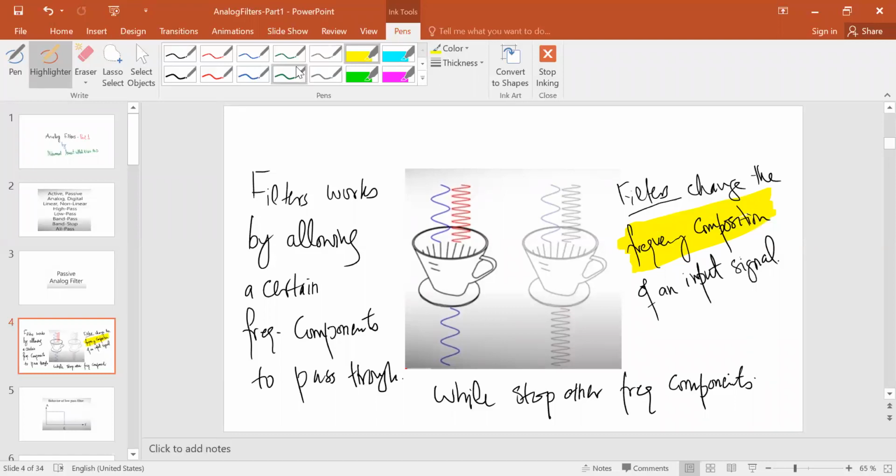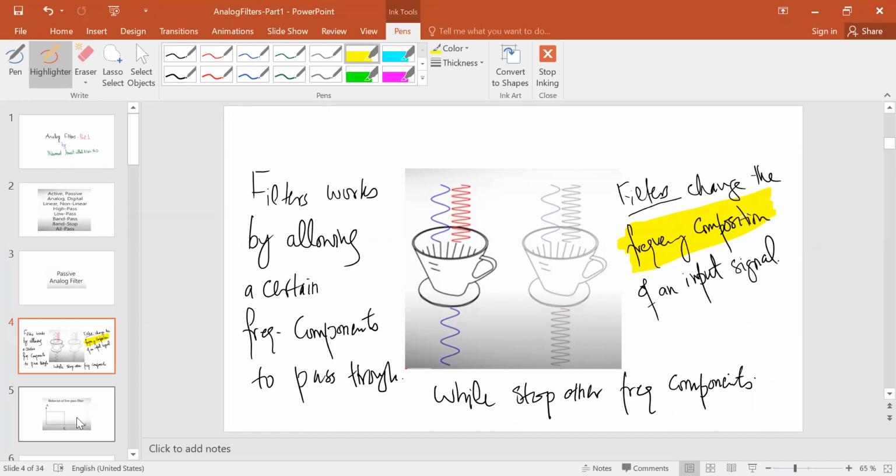Now, which of the components we would like to stop depends on the noise component. There are some frequencies present in the signal that are due to the noise. These are not actually the signal frequency. So we will stop the frequencies attached to the noise, whereas we will allow the frequencies which are important for the signal to pass through.